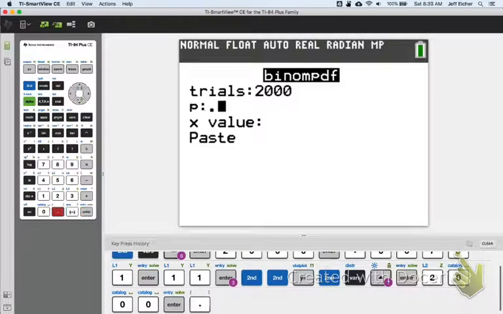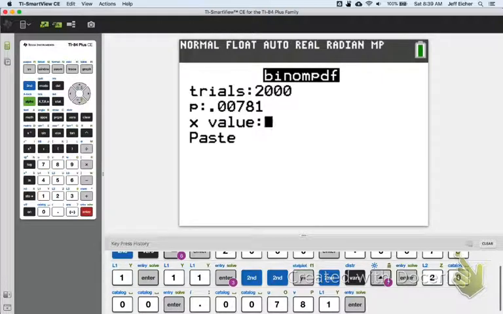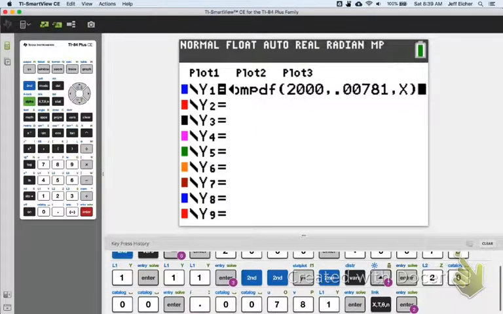Our probability of success is 0.00781. And our x value will leave just as x. And again, we're using this x up top by alpha. And hit enter. And that'll type it all in there.